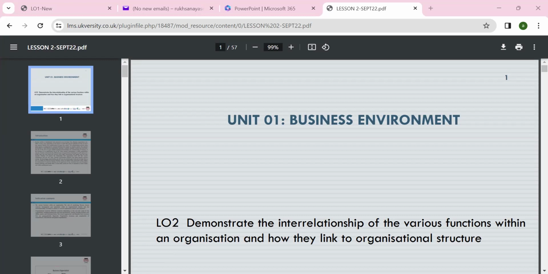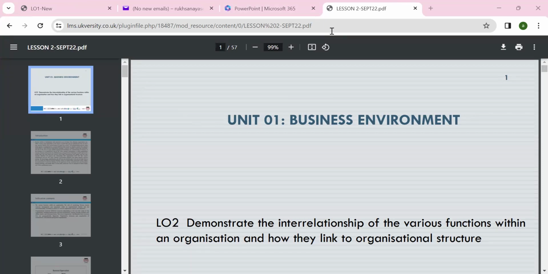Then we discussed market structure. In market structure, we also discussed perfect competition, monopoly, monopolistic competition, and oligopoly. So these are all the concepts which we can look at.